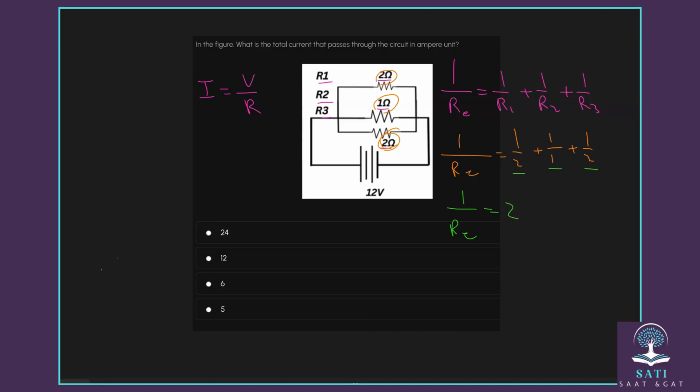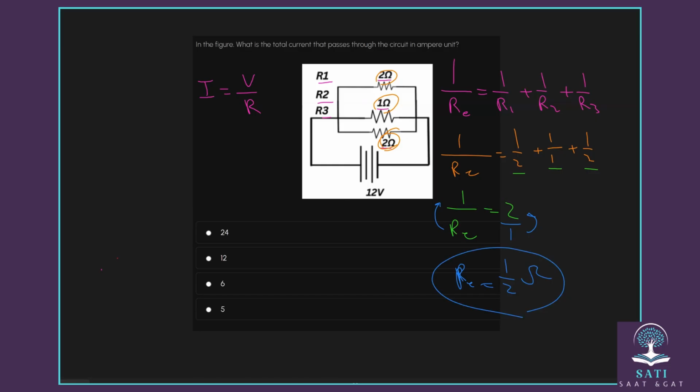Now, this 2 is not the answer, because it means 2 over 1. In order to get the equivalent resistance, you flip both sides upside down. So the equivalent resistance equals 1 over 2 ohm.